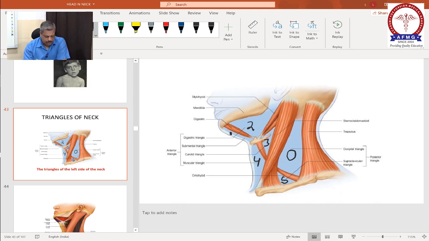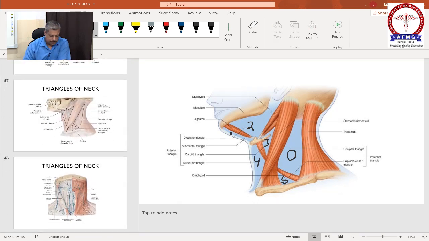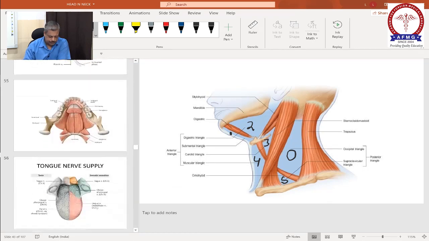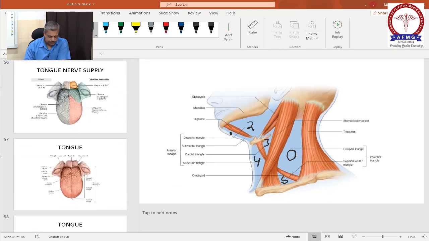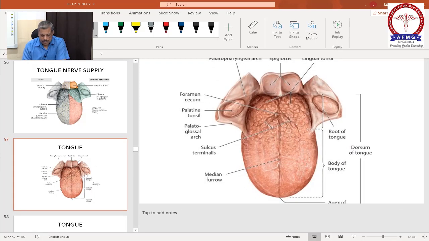Now we will talk about the next topic, that is the tongue. This is the tongue, and see this tongue is divided into two parts by a V-shaped sulcus. This V-shaped sulcus is known as the sulcus terminalis.